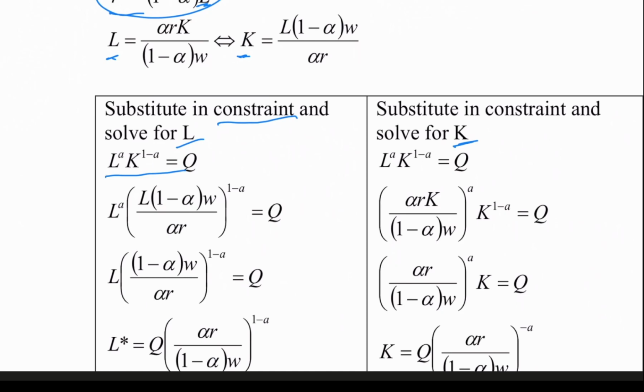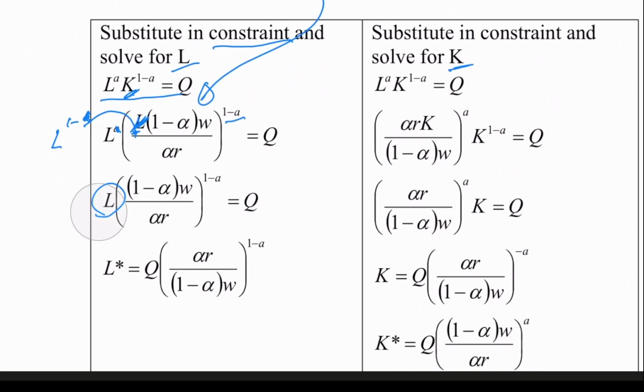And then this K here, I substitute with this expression. So it goes here. And then we notice that we have L inside this parenthesis, which is raised to the power of 1 minus alpha. If I move it outside, it's still raised to the power of 1 minus alpha. And then we can see that this alpha and this alpha, they cancel out. So that's why L is standing standalone here.